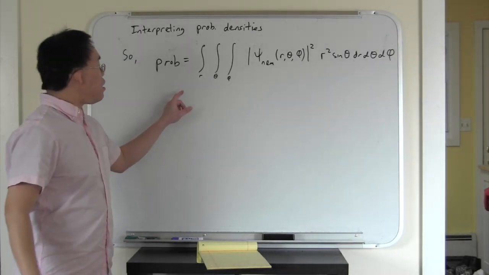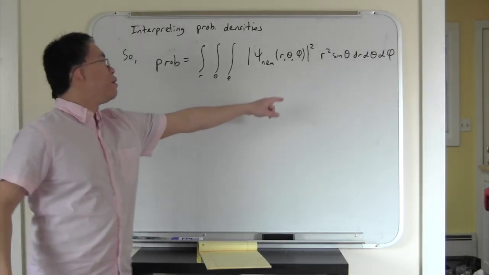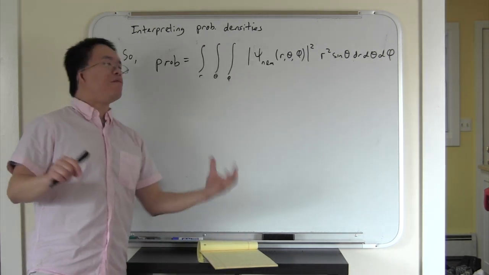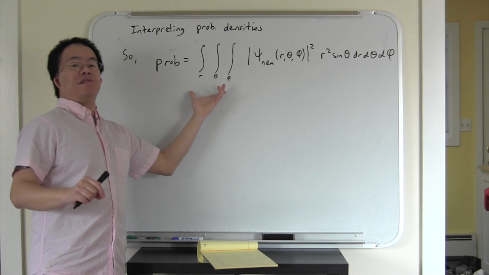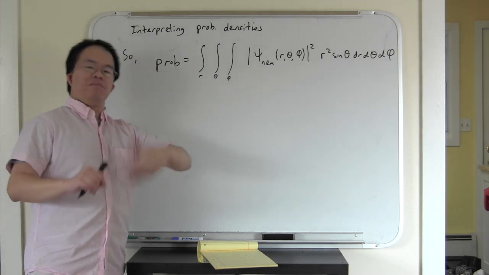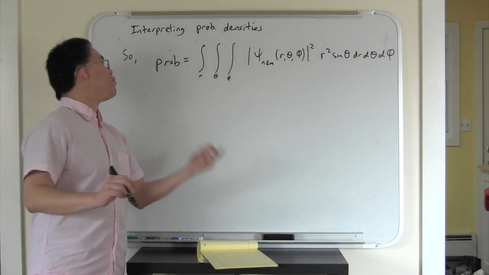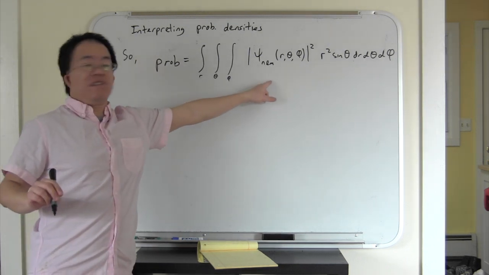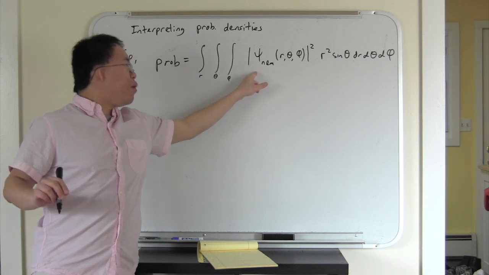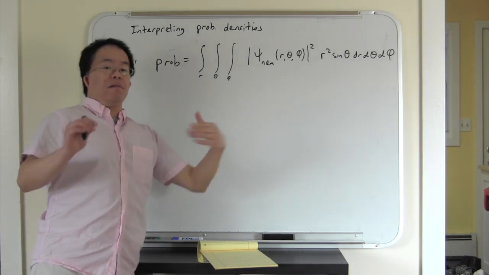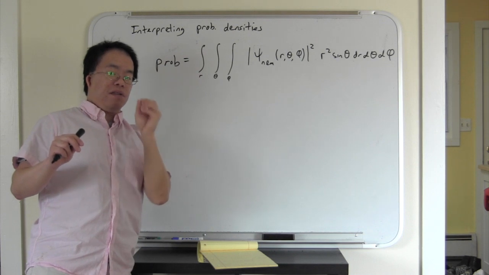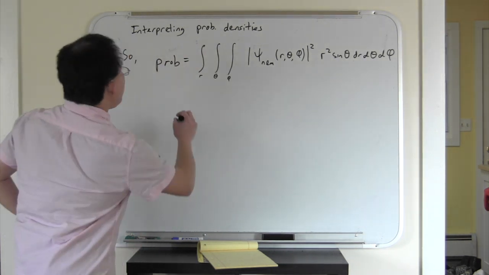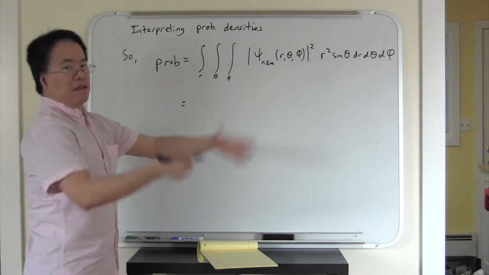So, because my volume element looks like this, the probability of finding my particle in some finite volume is going to be this kind of triple integral, where you would have to set the appropriate bounds over r, theta, and phi. However, because this overall probability density has a part that depends on just r and a part that depends on just theta and phi, you can separate this out.